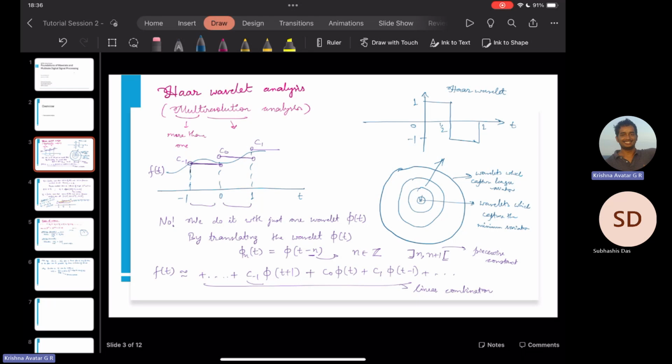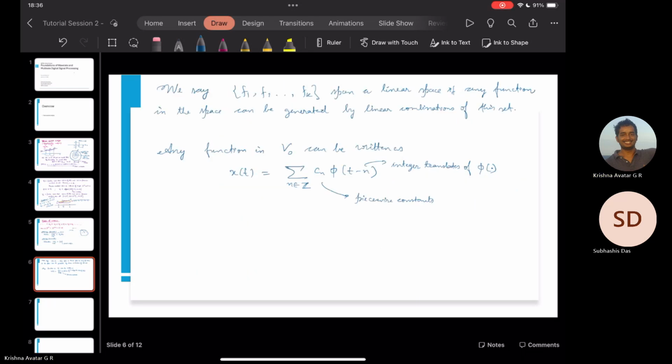Here as well. So coming back, what if we have our approximation at a different resolution? Say any space VM can be similarly constructed.